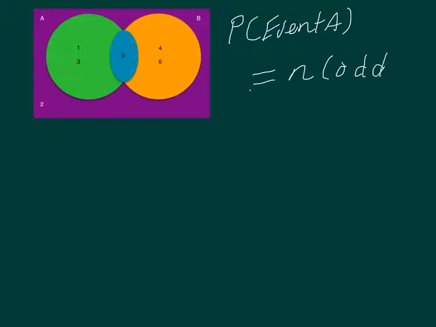With my Venn diagram completed, I can now answer a range of questions related to probability. The first one we're going to answer is, what is the probability of event A happening? To do this, I must consider all of the odd numbers being divided by the total sample space.